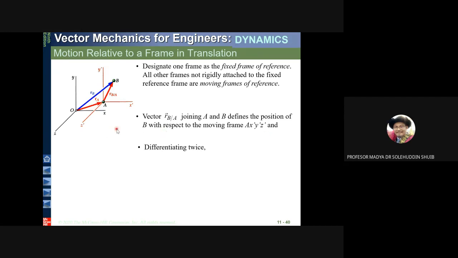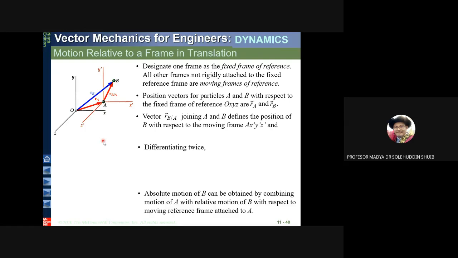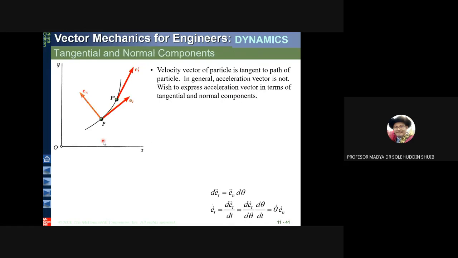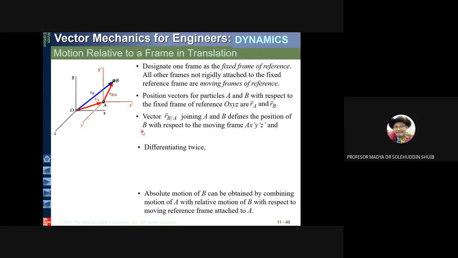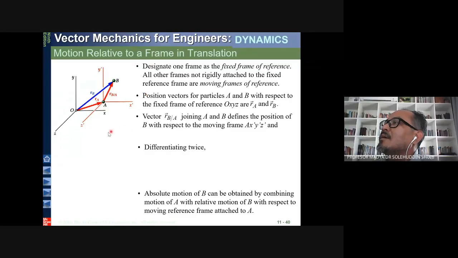And then when we want to find the velocity and acceleration, we differentiate it twice in order for us to get the acceleration. This is the concept of relative motion relative to frame in translation.